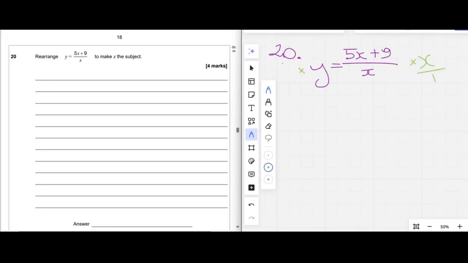And we need to do the exact same thing on the left side, so times x over 1, which is just times x. So x times y equals, here, once it cancels, it will leave us just the numerator on the right side.